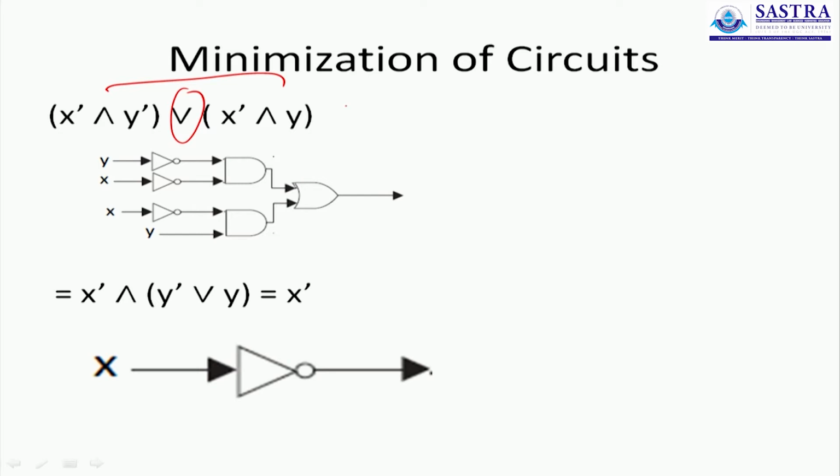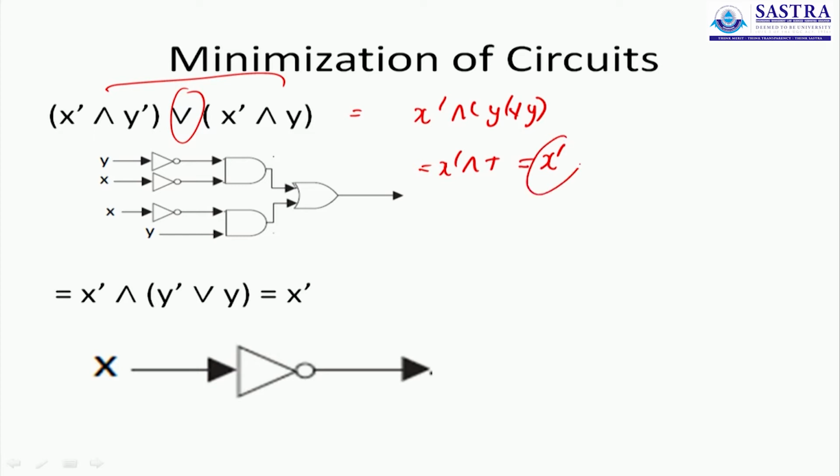I can always simplify this expression as x bar and y bar or y, and since y bar or y will always give me T, x bar and T will give me x bar again. That's by the rules of these operations that we arrive at this conclusion.